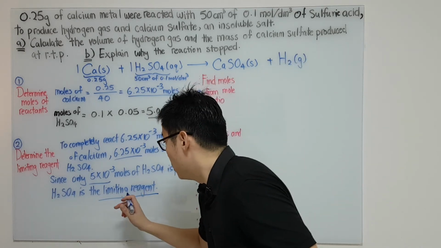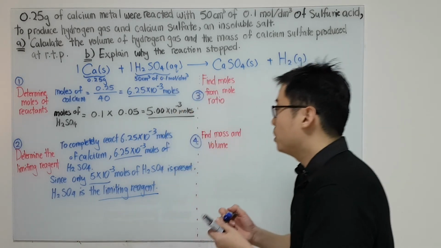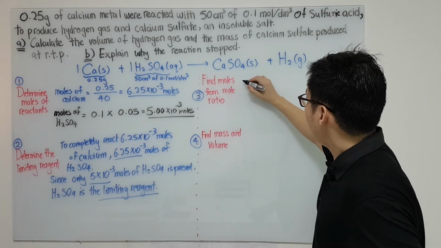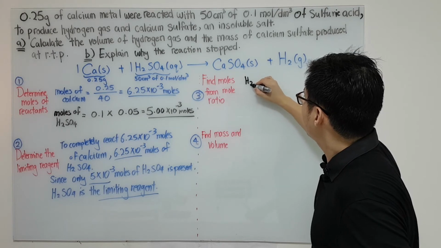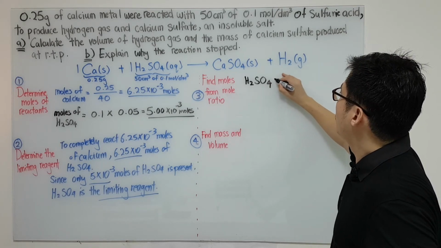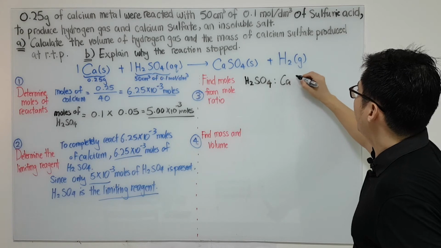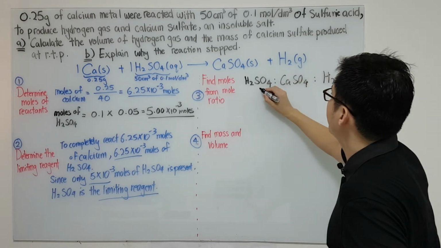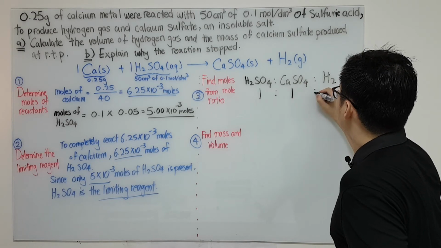Now, since you know this is the limiting reagent, you will use the mole ratio of your H2SO4 to your CaSO4 to your hydrogen, which in this case is 1:1:1.